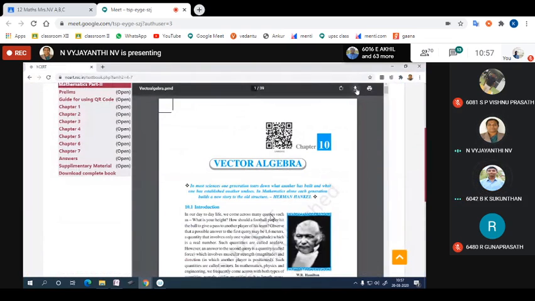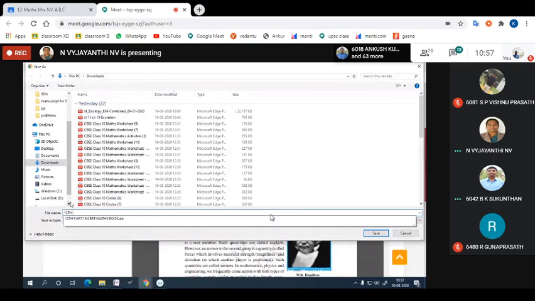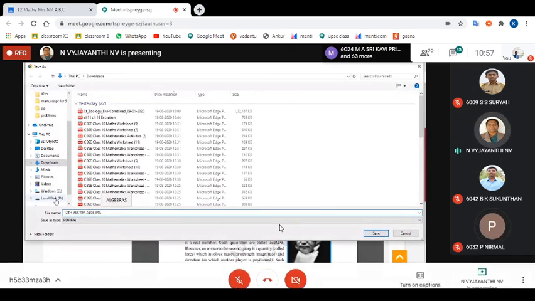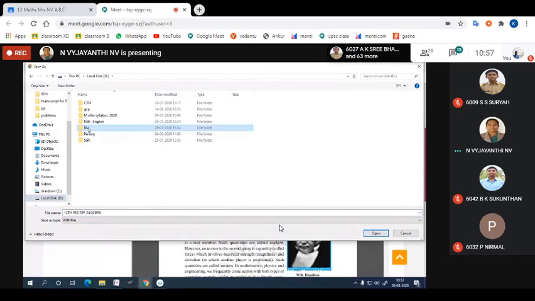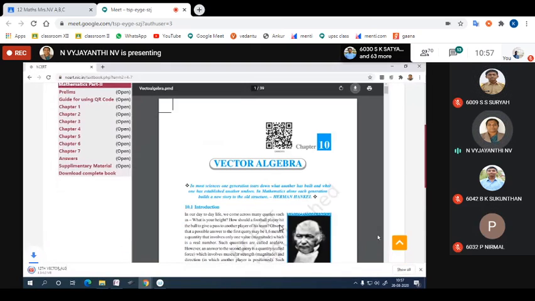Ma'am, what is the vector if there is a vector A? Okay. Then what is A vector divided by the magnitude of A vector? Is that the position vector, ma'am? A vector divided by magnitude is the unit vector.